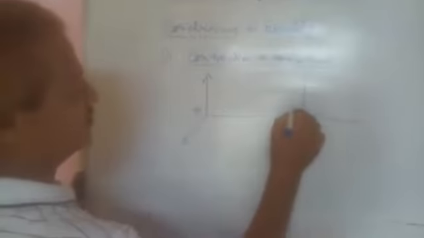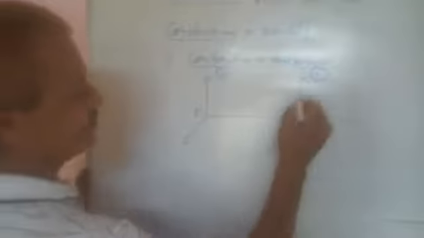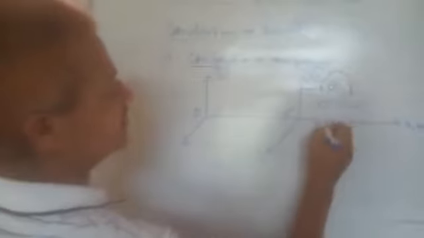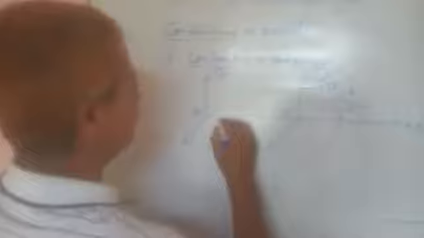This is O dash, frame S dash, moving with relativistic speed. Suppose this is the length L dash with respect to frame S, and L is decreased with respect to frame S dash.